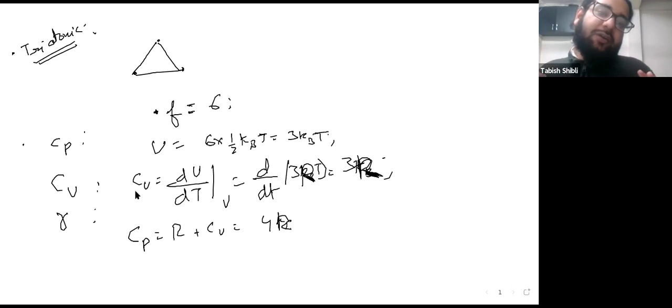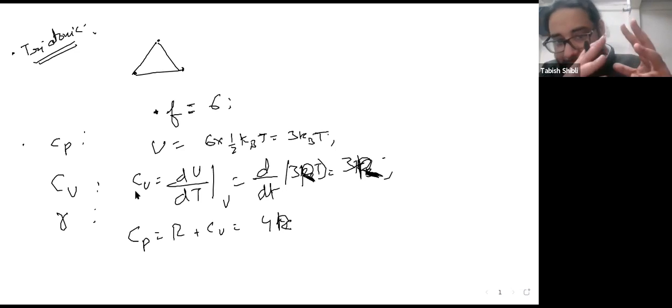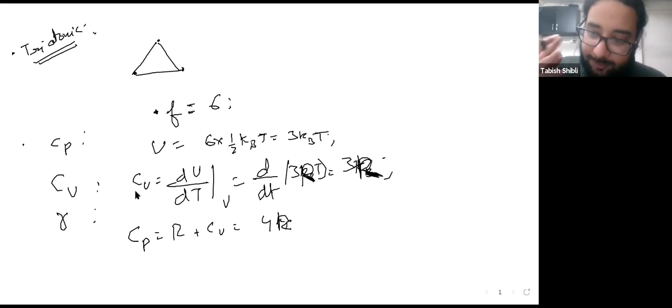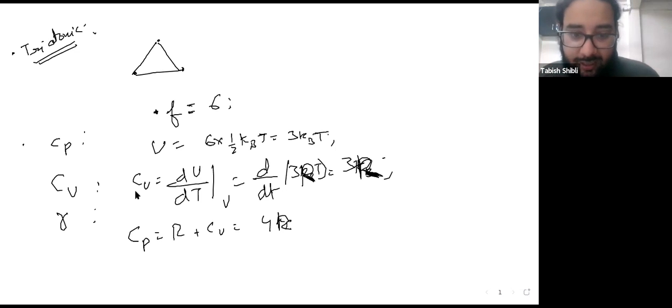CP and CV are emergent phenomena: only when you have groups of molecules do you see a specific heat. It does not make sense to talk about the specific heat of one atom, right? So this is 4R. And what's gamma? Well, that's just 4 by 3. So that's 1.33 dot dot dot.